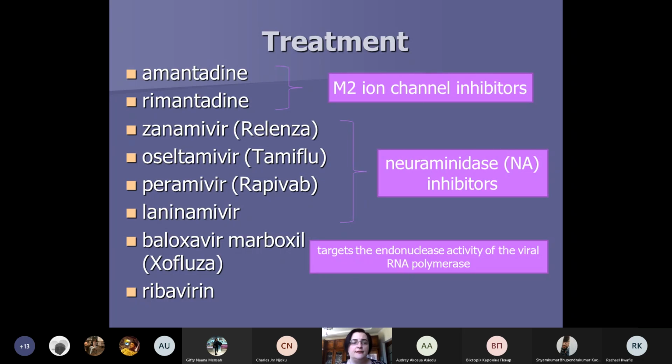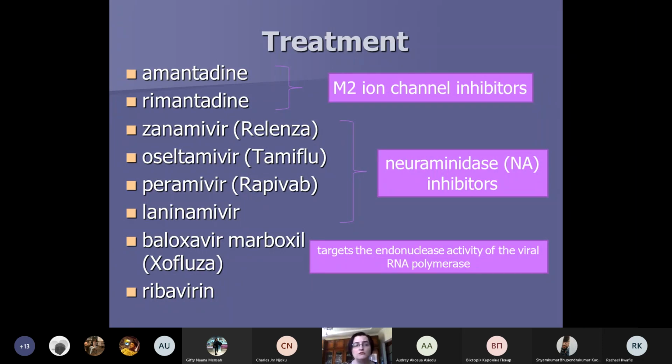The adamantines, amantadine and rimantadine, are orally administered drugs that block the influenza virus M2 ion channel, preventing viral uncoating.